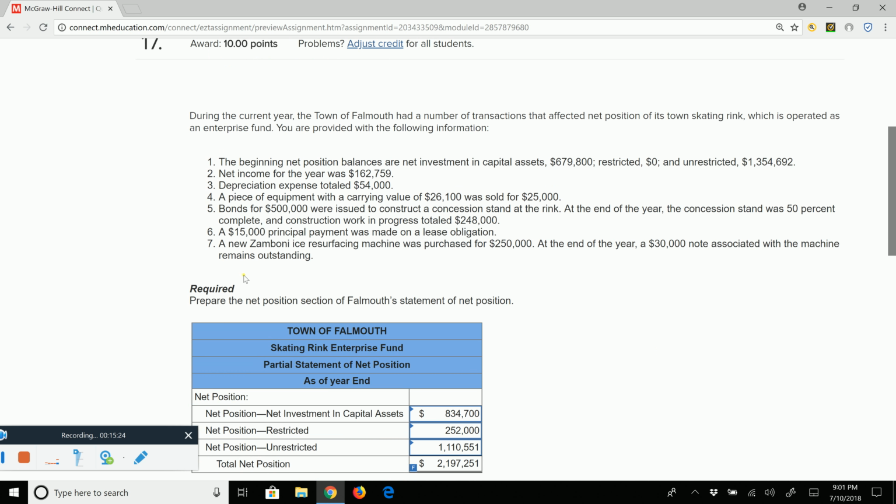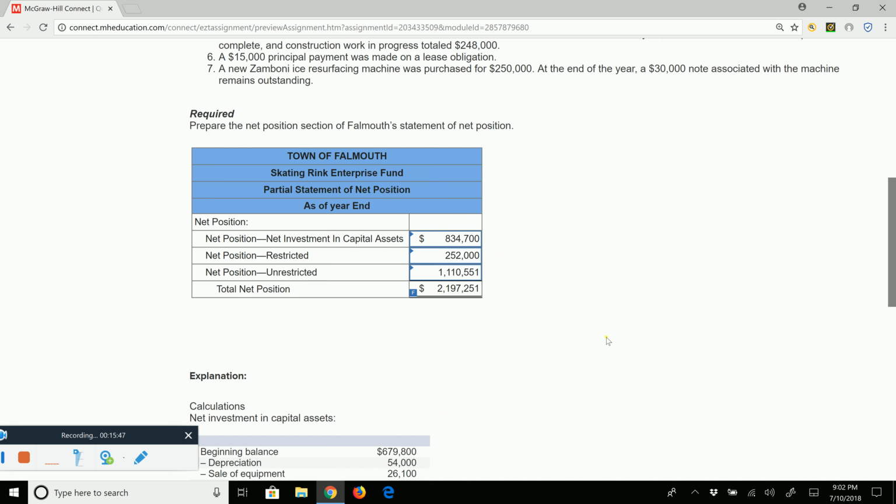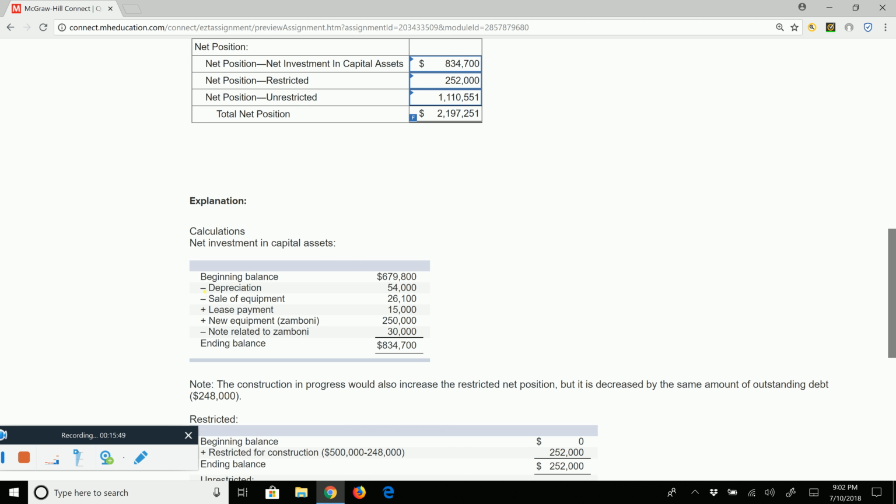Okay, next, what happens? Depreciation expense totaled $54,000. So the depreciation expense will increase the accumulated depreciation, and increasing the accumulated depreciation will decrease my net investment in capital assets. So we're going to see that underneath your net investment in capital assets.